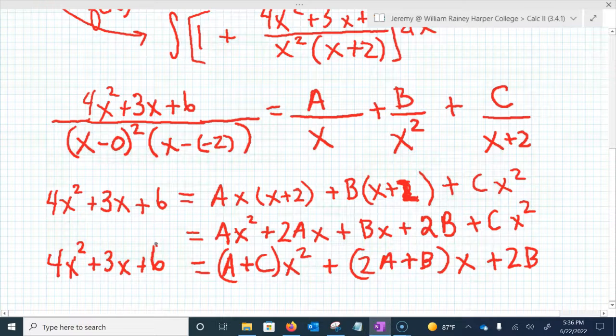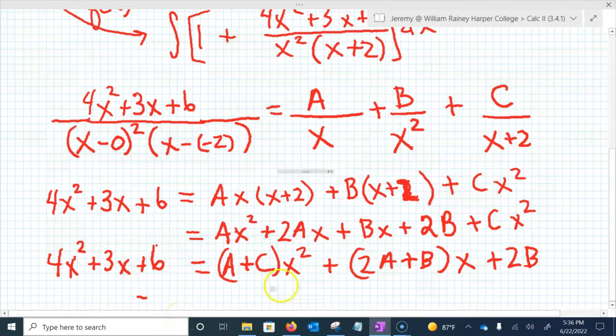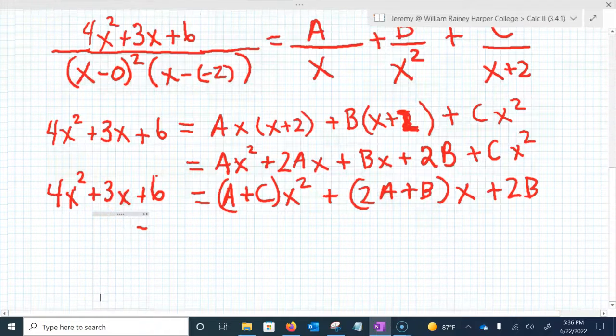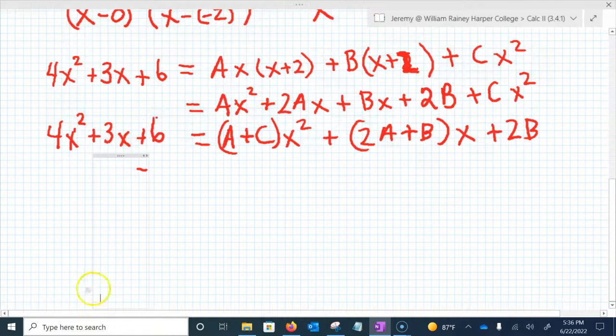Okay, so now if I look at this, I'm going to move this up here. That means a plus c has to equal 4, because x squared, that means this coefficient has to equal 4.